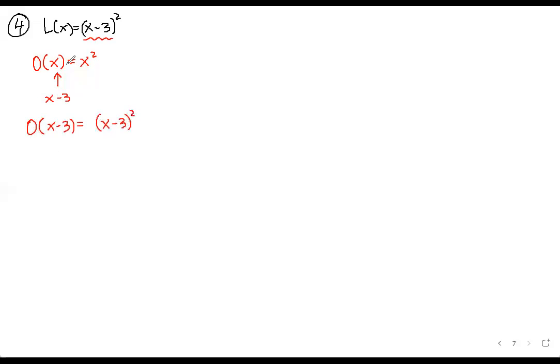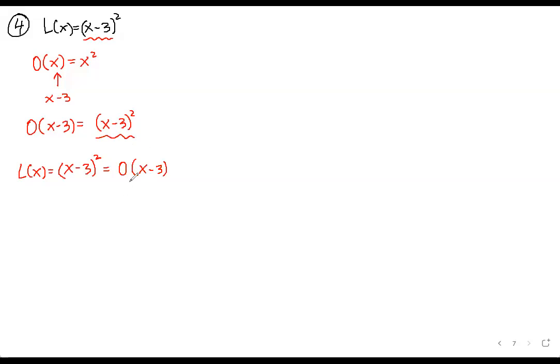Now, this function is similar to L of x, so L of x equals O of x minus 3, which is equal to (x minus 3) everything squared. So which property is used here? I know how to graph the original function O of x equal x squared.